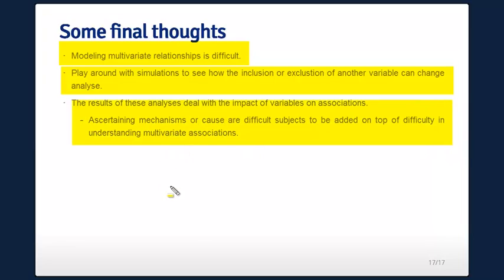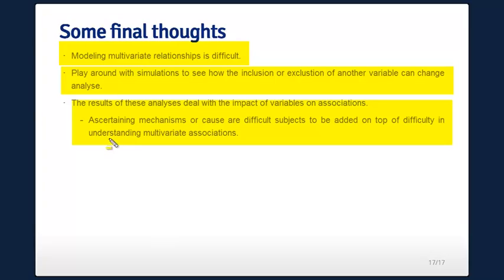So the discussion from these analyses deals with the impact of inclusion or exclusion of variables on associations. But an even harder problem is ascertaining whether X causes Y. That, in addition to all of these considerations, adds a secondary consideration, and that's a hard problem.